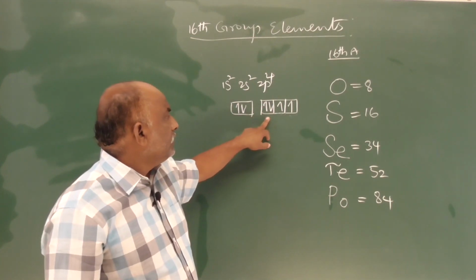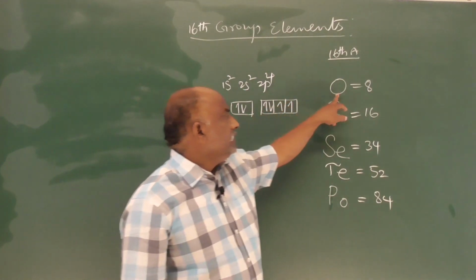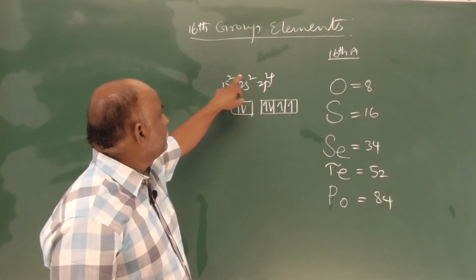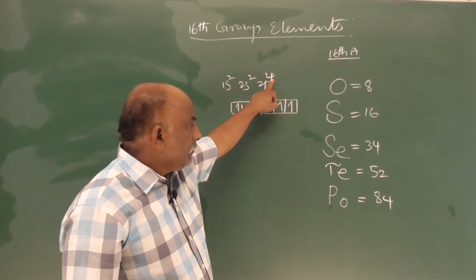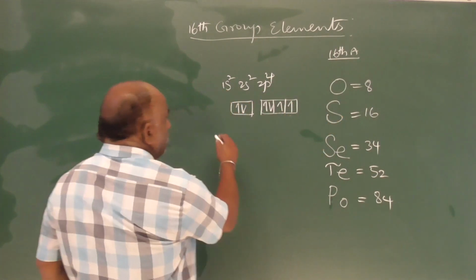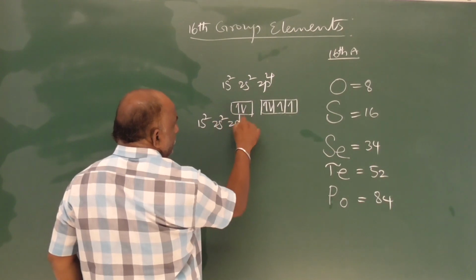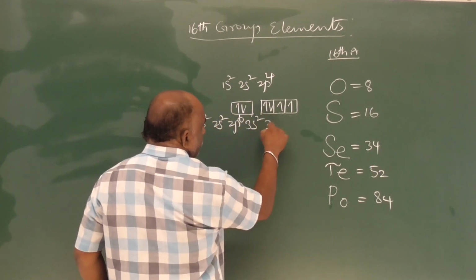Oxygen has atomic number 8, so its electronic configuration is 1s2, 2s2, 2p4. Sulfur, atomic number 16, is 1s2, 2s2, 2p6, 3s2, 3p4.